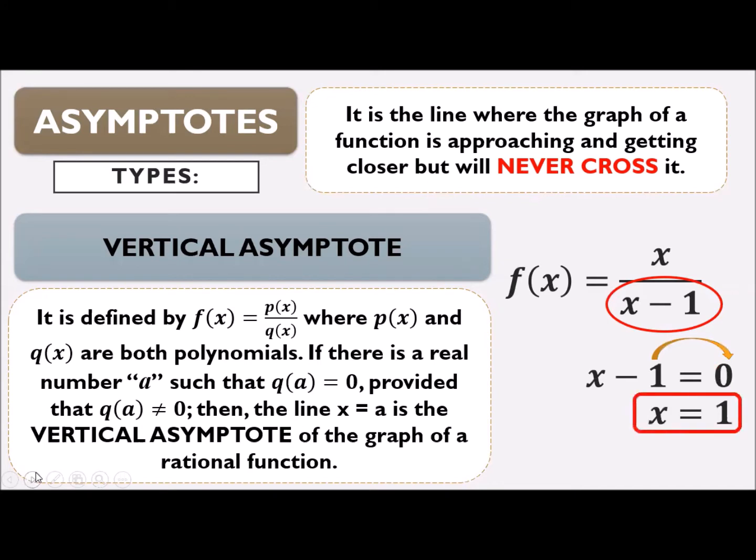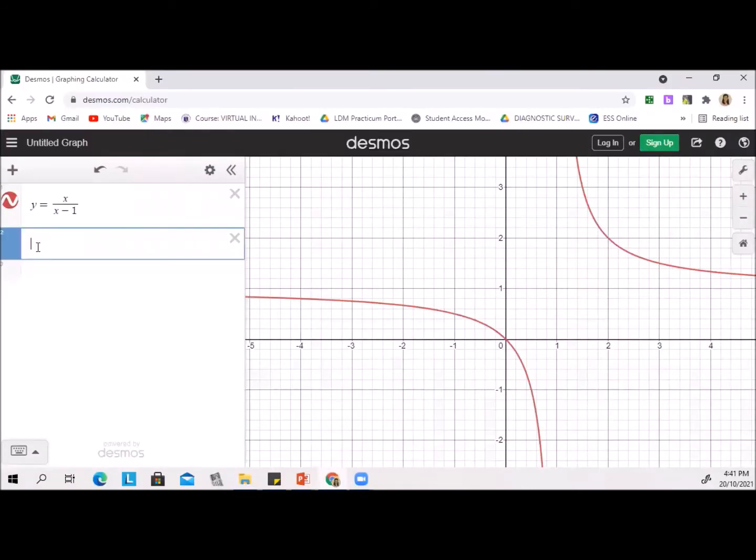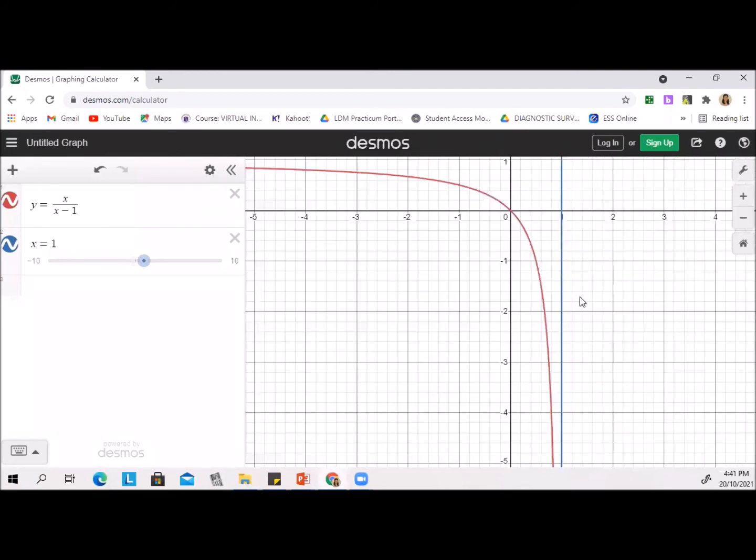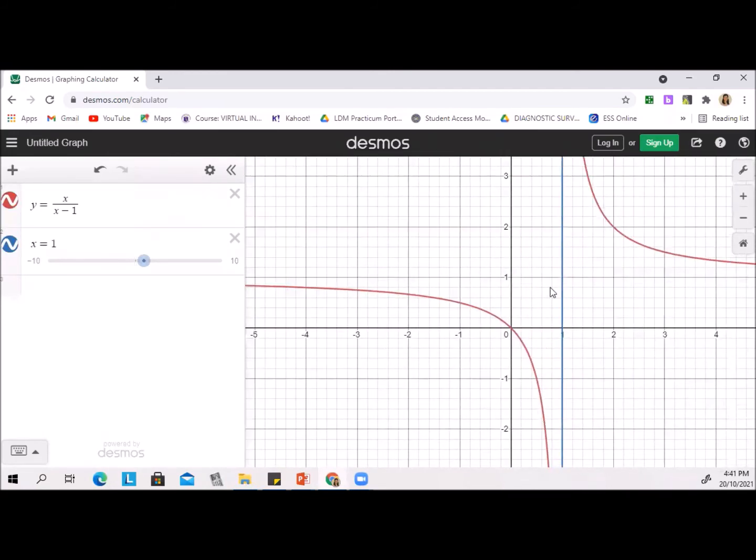And that x is equal to 1 is our vertical asymptote. So, using our Desmos, type in lang natin, x is equal to 1. So, yan na yun. Pansinin niyo yung blue line, hindi sila nagtatama ng red, yung mismong graph natin. So, ibig sabihin, yan talaga yung ating vertical asymptote.